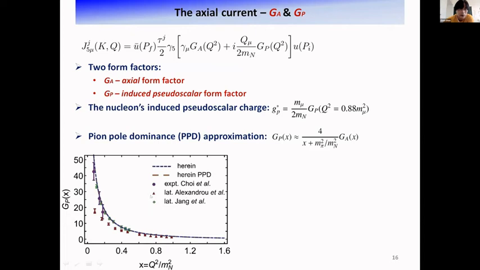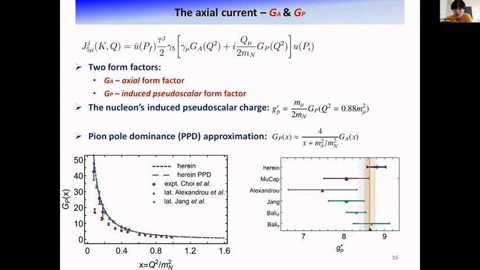These brown triangles are the lattice results from Alessandro's group, and these green diamonds are Young's lattice results from Los Alamos. It's clear to see that our computed results agree with Young's lattice results, but are obviously larger at small momentum than Alessandro's results.